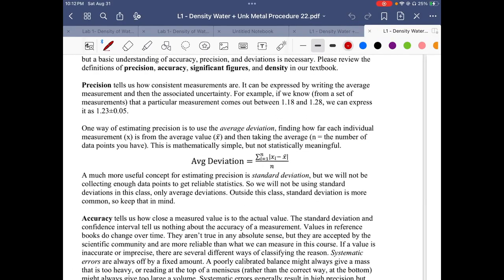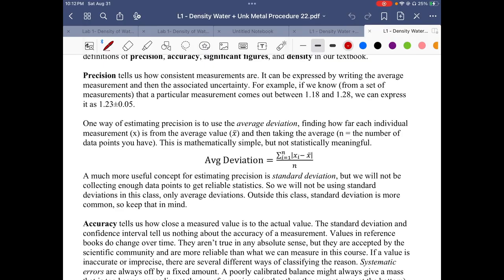And here in the procedure, notice that it's giving us the average deviation formula. What you're going to do is take the sum of all 4 of those values, and x sub i means that you're going to take trial 1's density and subtract from it the average.